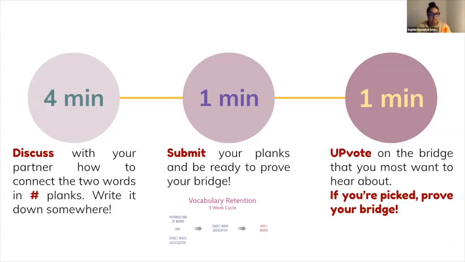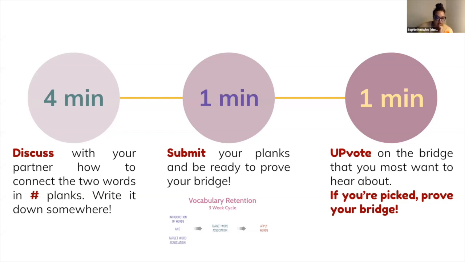So here's what we're going to do. You are going to be sent into breakouts, and either on paper or wherever, write down how you would connect the 2 words that we're going to show you with the number of planks that we're going to show you, okay? You're going to submit your words into a Padlet.